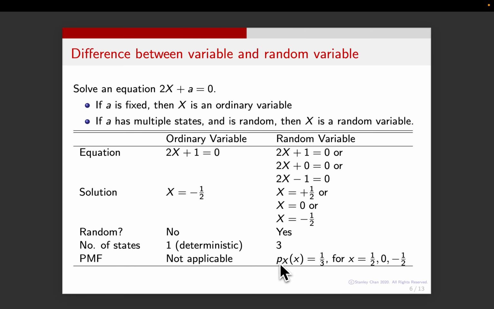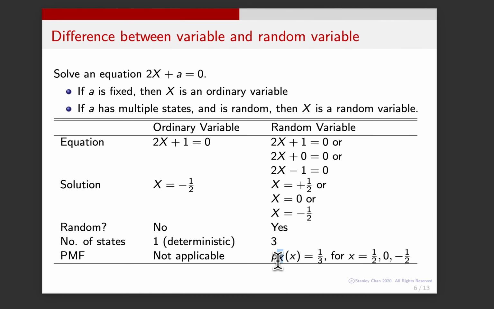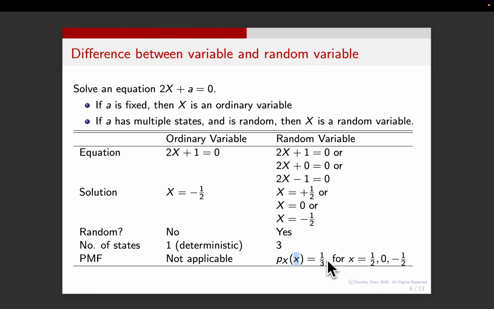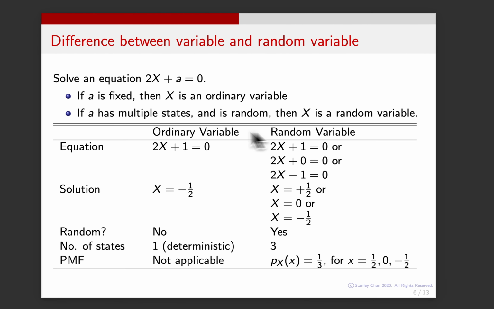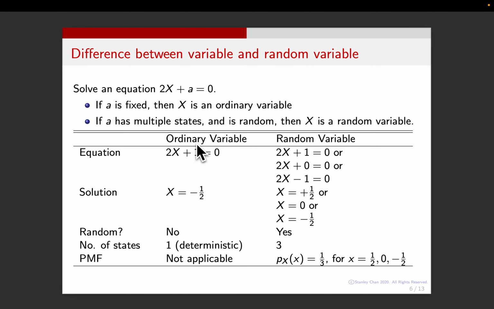And here we have assigned a particular probability mass function for this random variable x taking the different states, plus half, 0 or minus half, all of them having equal probability. So you can see the differences between a random variable and a non-random variable. The crux being that the random variable can take multiple states, and those multiple states are also distributed as per some probability distribution, which we call the probability mass function, PMF.